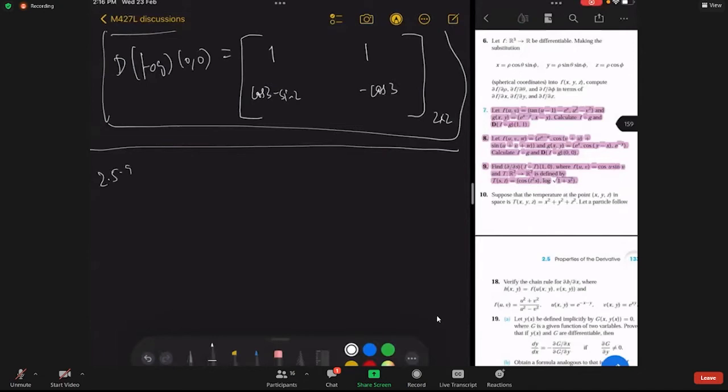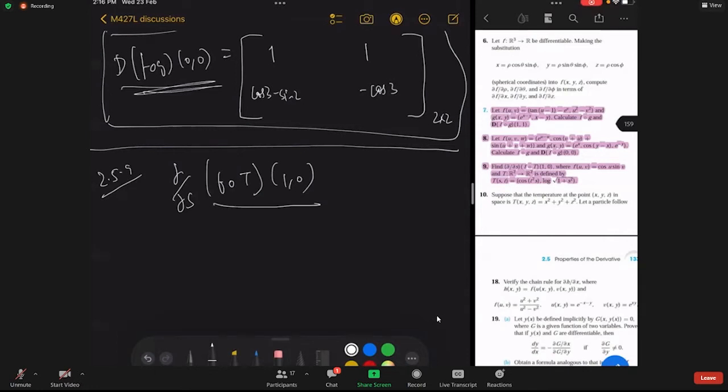So 2.5.9. They're asking us to find the partial derivative matrix, but with respect to a particular term, which is S. They're asking us to find the partial derivative with respect to S of F circle T at (1, 0). So we'll first figure out this final matrix.